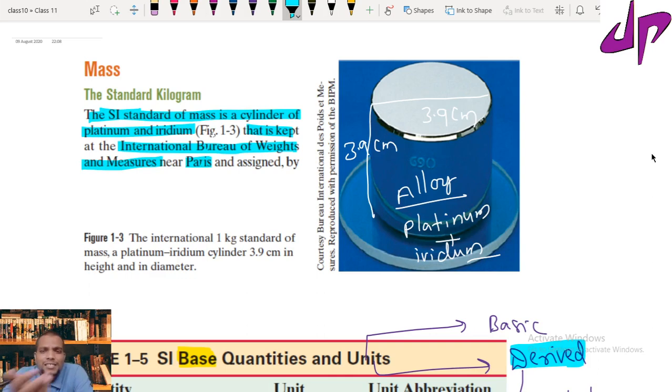Obviously the same metal we cannot get everywhere, but replicas, duplicates, can be made. Our Indian Weights and Measurements organization takes this replica and gives one of the standard units, which we take as 1 kg.